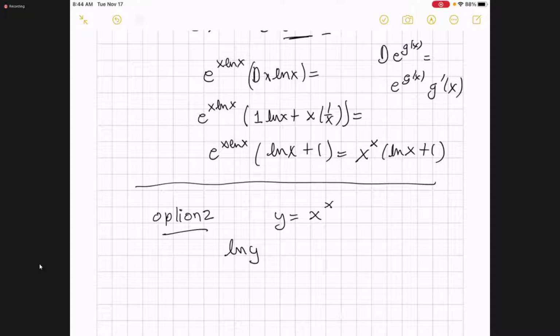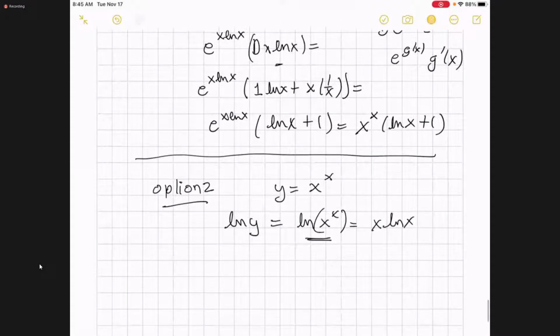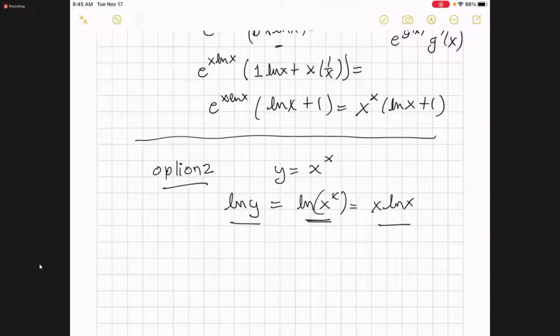Because I want to take the derivative, and taking the log is going to help me simplify things. How it helps me simplify is that if I write ln of x to the x, the rules of logs say that's x ln x. Notice that's what we got up there. That makes sense when you think about it. So I've got ln y equal to x ln x.